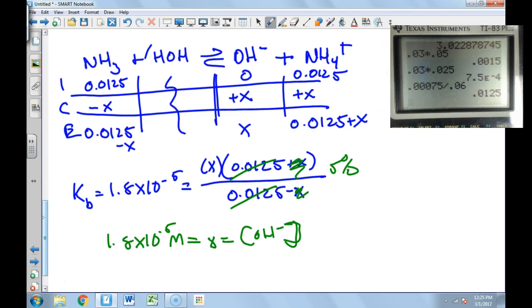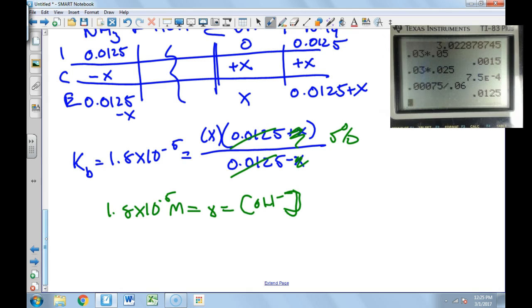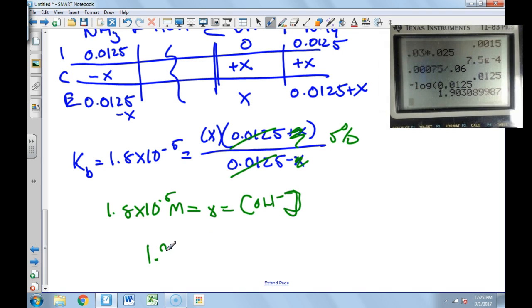But now we don't need the hydroxide ion, we need the pH. So the pH of this, we first have to find the pOH, so we do the negative log of 0.0125, and that is 1.9. Oh, dirt. It's not that. It's the negative log. See, this is the problem.